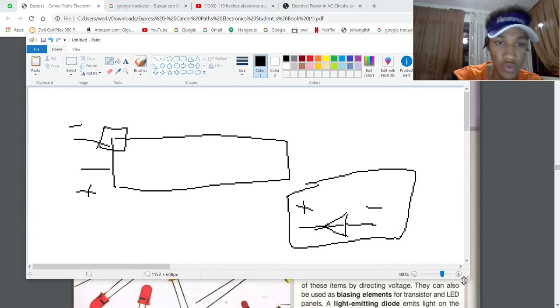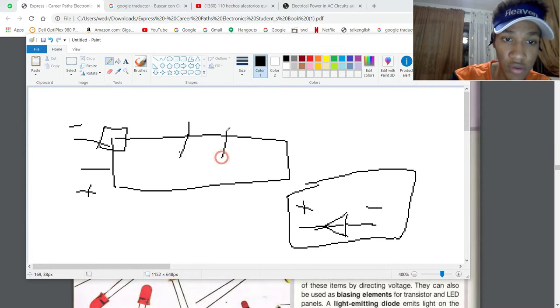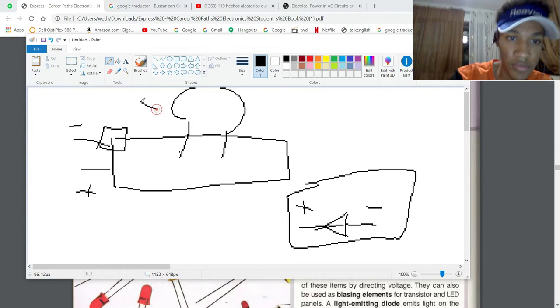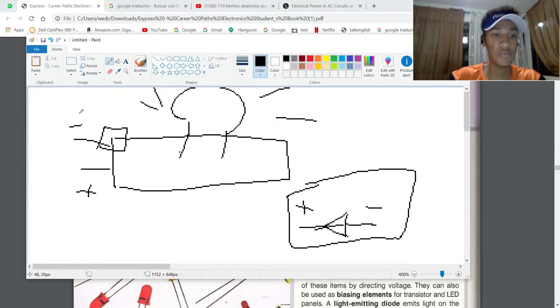So I want this LED to turn on. I put positive and negative, and the diode works correctly. And how does the LED light? How does it work? I want to explain to you.